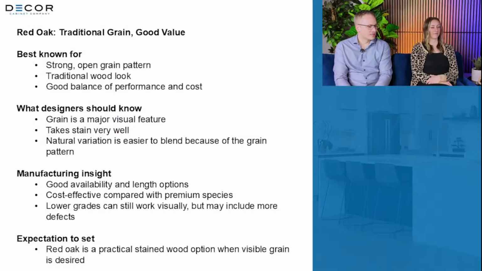All right, so now that we've talked a little bit about white rift oak, let's jump to red oak. So Samuel, can you talk about red oak? Yes. Red oak is a different wood species than white oak by the tree itself, not just the cutting pattern. So it has different color tones in the wood.